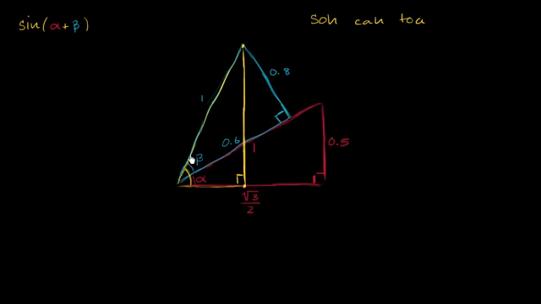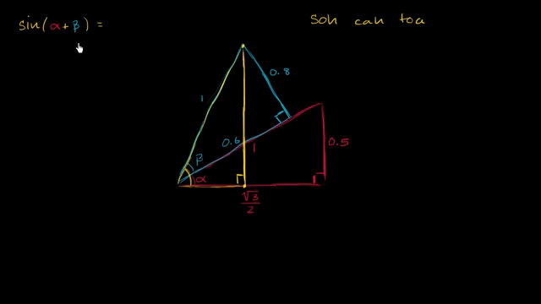Well, the hypotenuse is just going to be equal to 1, so it's equal to this side. So another way of phrasing the exact same problem that we first tried to tackle is, how do we figure out the sine of alpha plus beta? And if you're familiar with your trig identities, something might be jumping out at you. Hey, we know a different way of expressing sine of alpha plus beta.